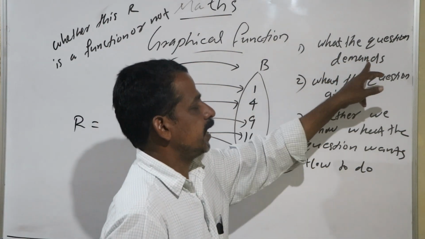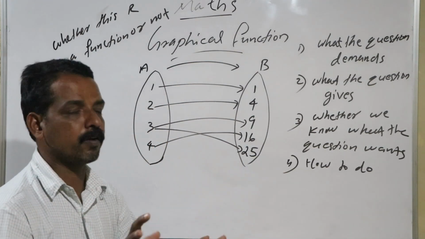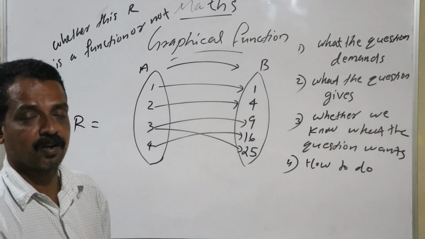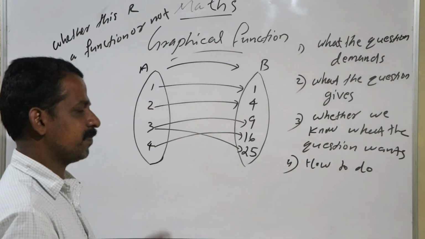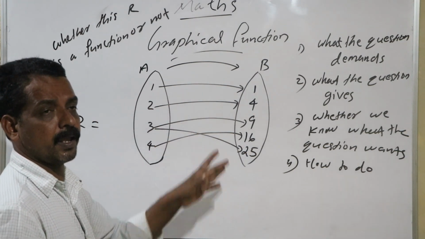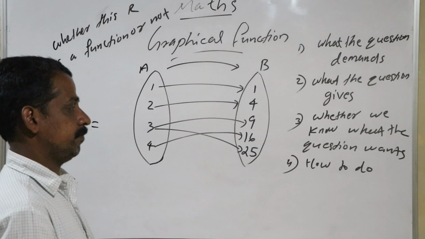What the question gives: the question gives a Venn diagram. This is a Venn diagram.